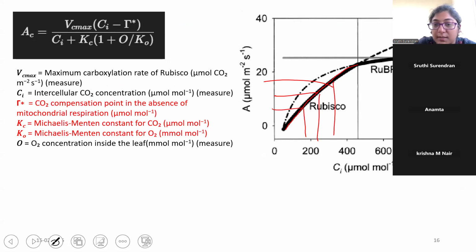So what we are going to estimate is, suppose we have a point over here, a photosynthetic rate of, say, around 5. By solving this set of equations, we can understand whether this A equal to 5 comes in this portion or this portion or this portion, by analyzing this curve or by fitting that data to this curve.